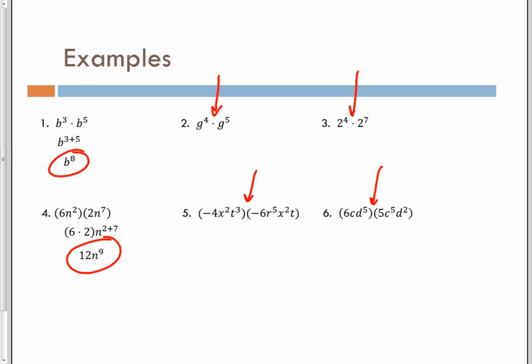You should have G9. You should have 2 to the 11th power. But if you don't have any variables, can't you figure out 2 to the 11th with your calculator? Do that right now. Do 2 to the 11th. 2048.